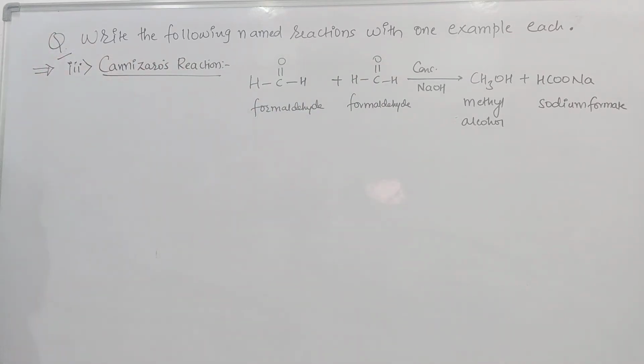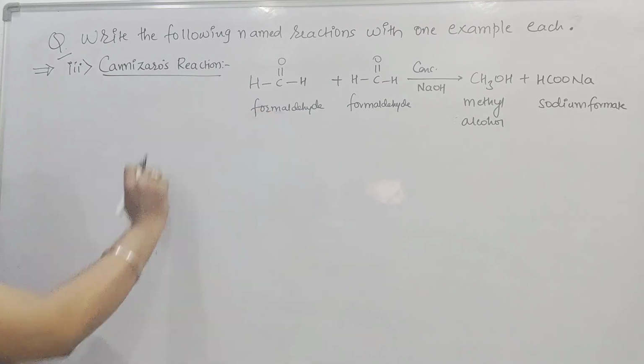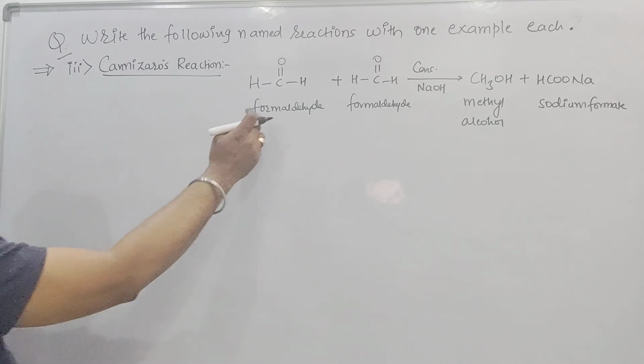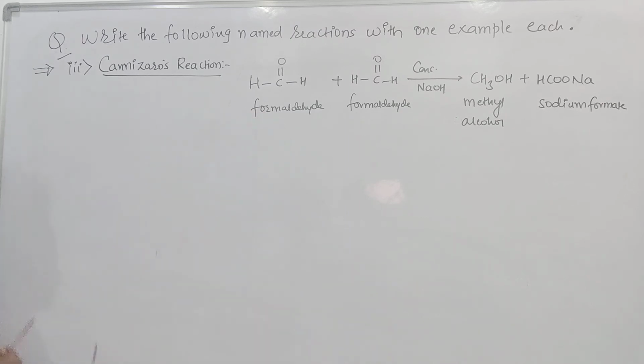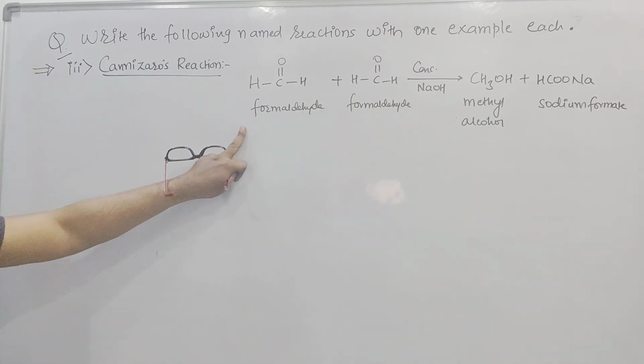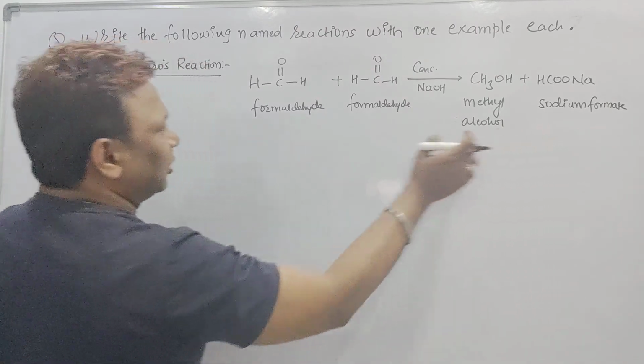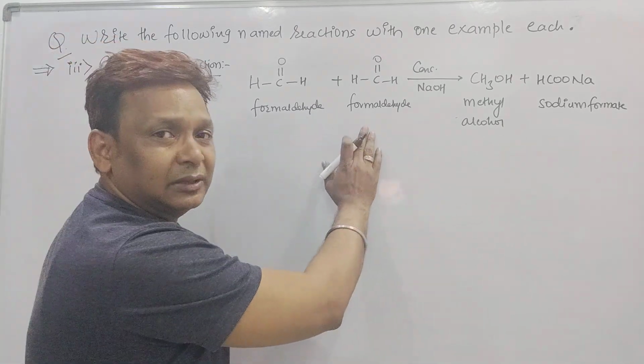If you want to write the reaction, we can write it as a simple statement. What is that, beta? An aldehyde containing no alpha hydrogen atom, in presence of concentrated NaOH, undergoes self-oxidation and reduction to form a mixture of alcohol and a salt of acid.